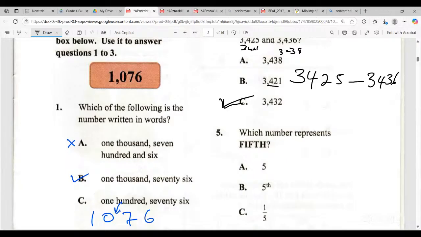Which number represent fifth? Now this is fifth, like as in the date, but this is 1/5. I think that's the C for number 5. Because it's a number.